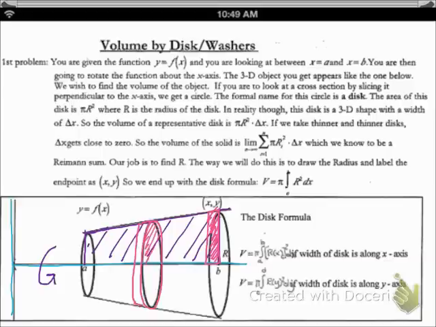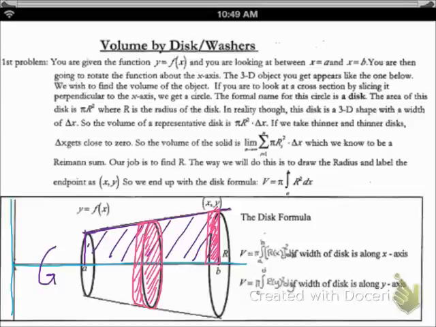Okay, so here is one of our cross sections for our three-dimensional figure. And with this being a disc, if we wanted to somehow use the same method as we did with area, where we sum up a whole bunch of these discs, we would just need to know the volume of one cross section, and then we would accumulate those or take an integral of that expression from point A to point B. Okay, well, if we're just looking at a circular cross-section, which is a disc, it's really just a circle with some thickness to it.